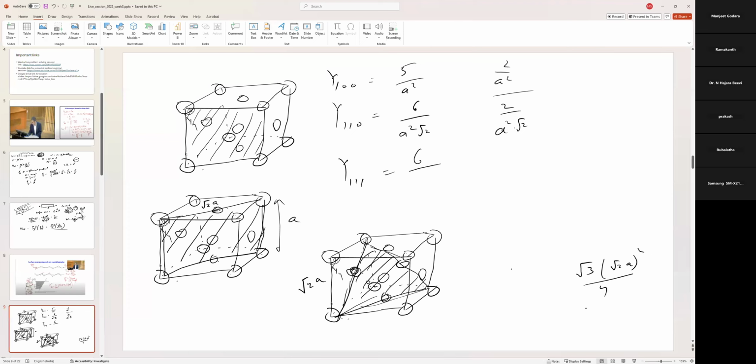So you get root 3 a squared upon 2, root 3 a squared.